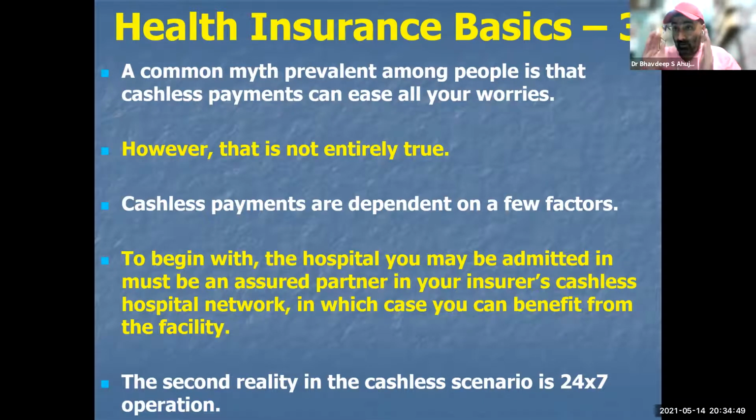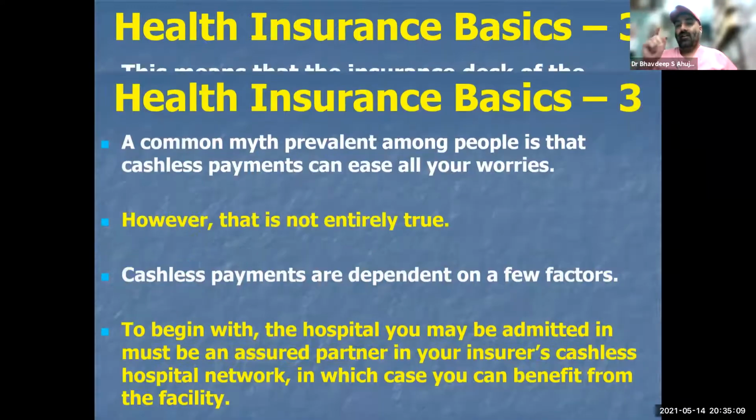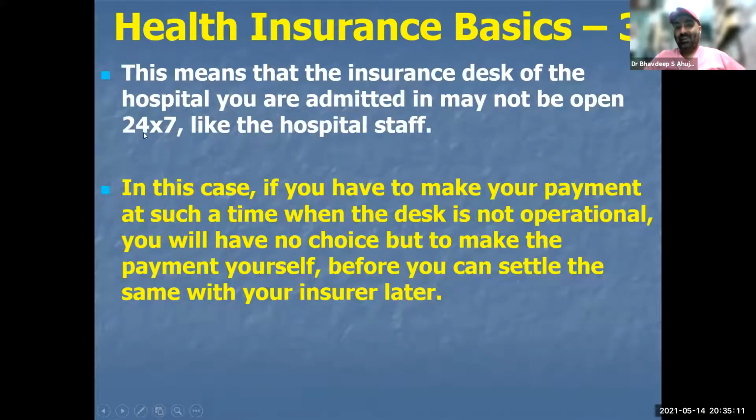Even if it is a network hospital, even if it falls in your list, even if it is cashless, if you had a problem in the middle of the night and you took your family member there, the insurance person will not be there 24/7. So maybe you have to do the initial formalities from your pocket and then settle with your insurer later on, because some desks will not be open 24/7, 365. So if the desk is not operational, you have to make the payment. But of course, you can settle the same with the insurer later.